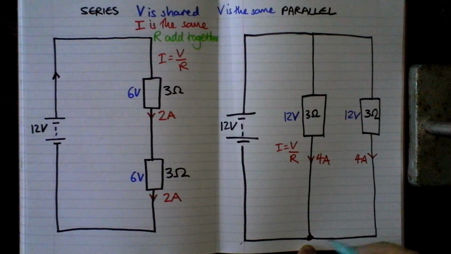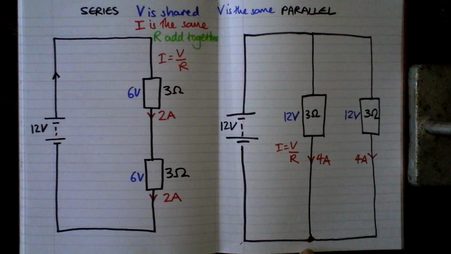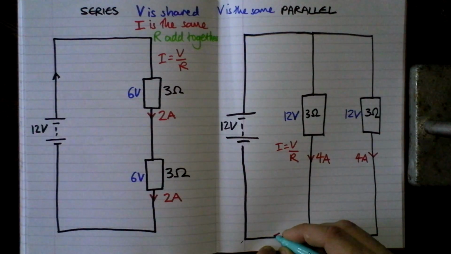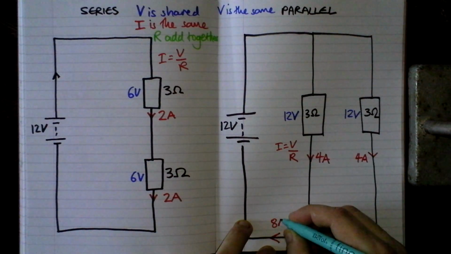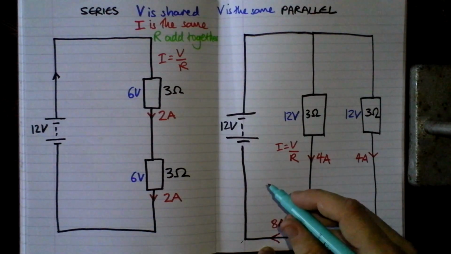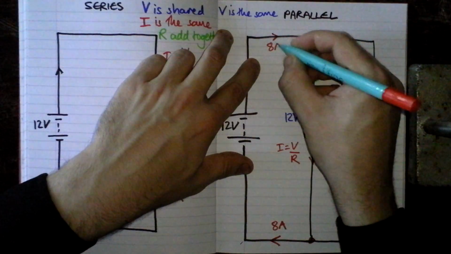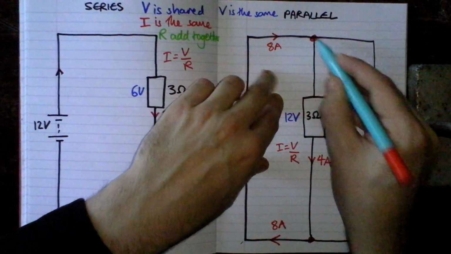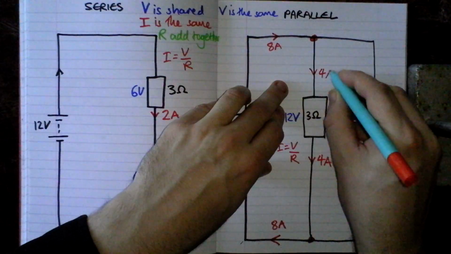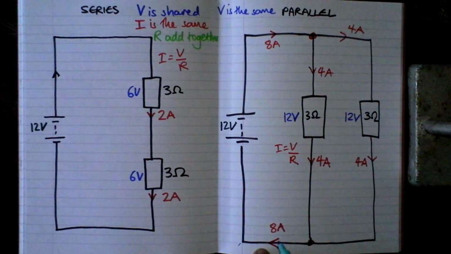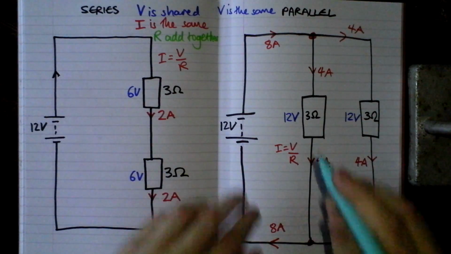Well, those two currents are going to combine. Just like two rivers, when they join together, you end up with the currents combining. So I'm going to have 8 amps flowing around this section of the circuit. So 8 amps of current flows out from the battery. It divides at this junction into two 4 amp sections, and then they recombine here to the 8 amps that goes back into the battery.